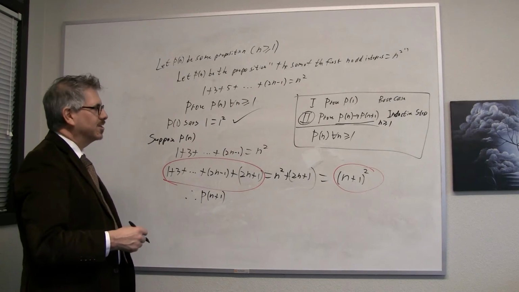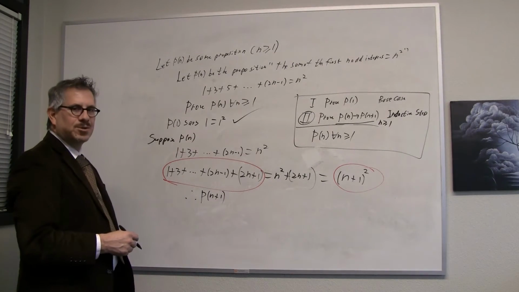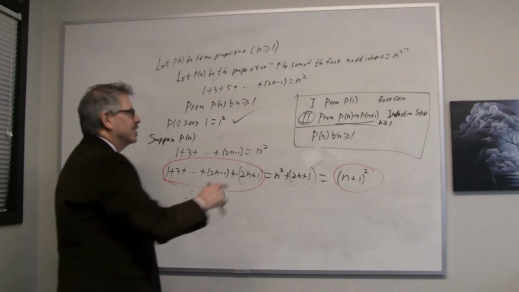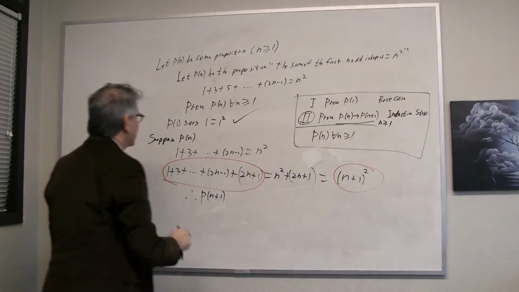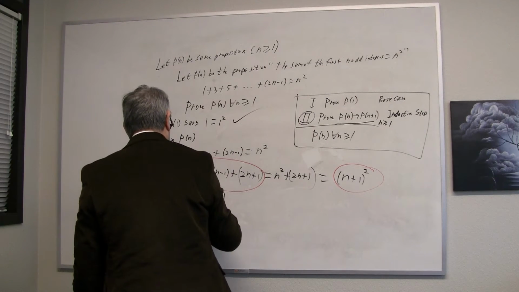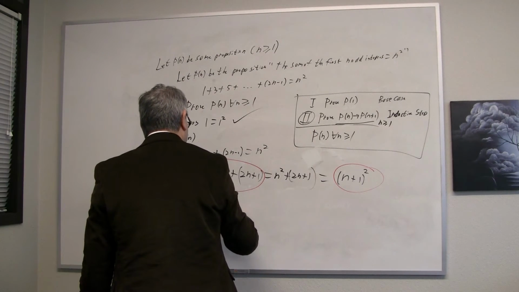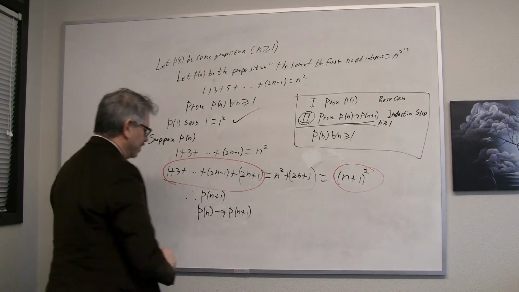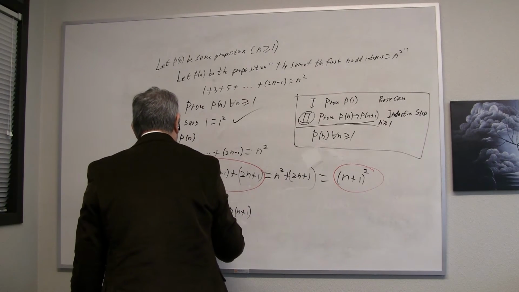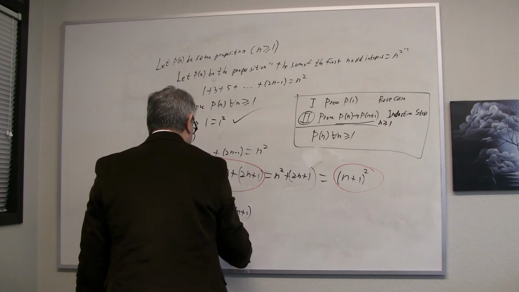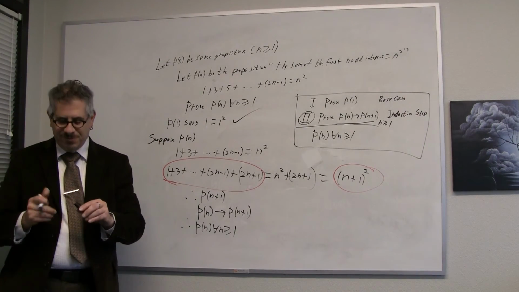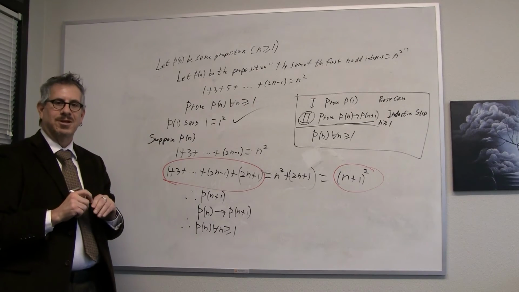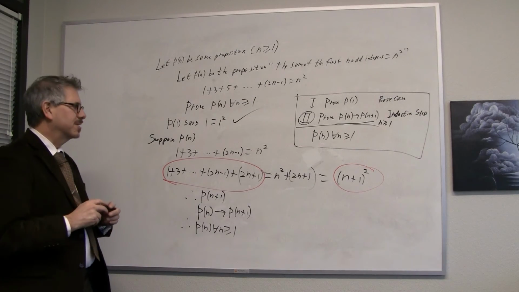And now we say, therefore, by the principle of mathematical induction, because P of 1 is true, and because P of n implies P of n plus 1, and we just showed that if we assume P of n, we get P of n plus 1, therefore P of n for all n bigger than or equal to 1. And that proves that this proposition is true for all integers greater than or equal to 1, using mathematical induction.